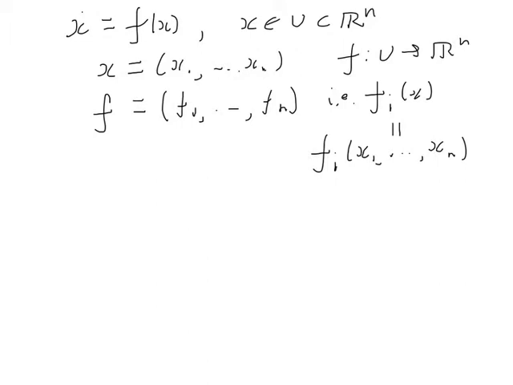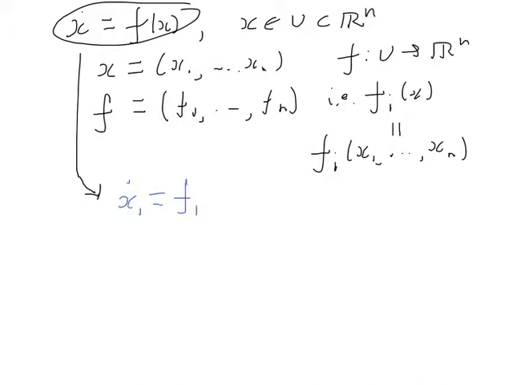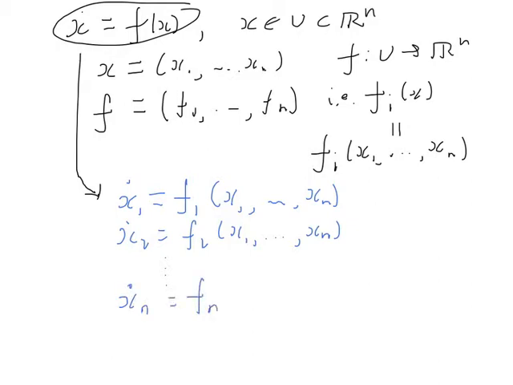So we could rewrite this equation in this not very compact form: x1 dot is f1 of x1 up through xn, x2 dot is f2 of x1 up to xn, and this would go all the way down to xn dot is equal to fn of x1 up through xn.